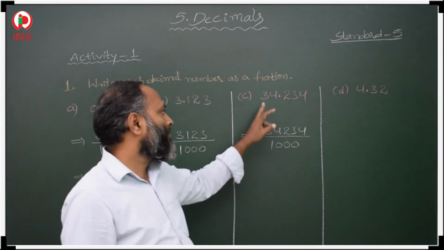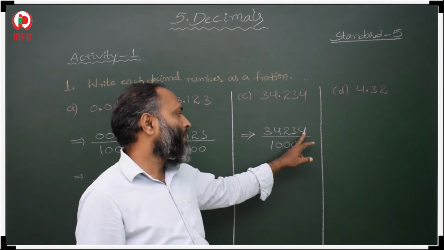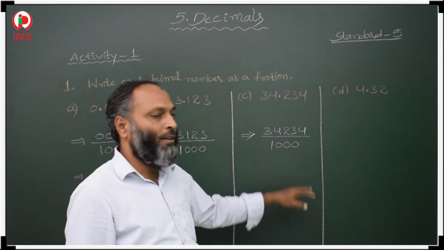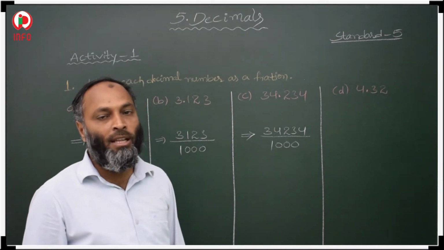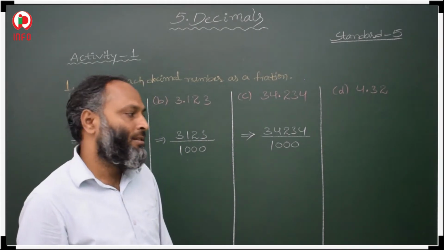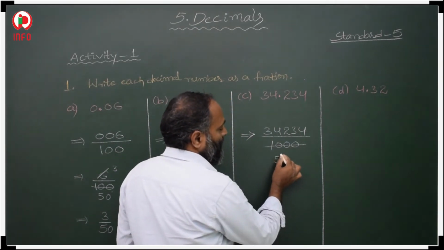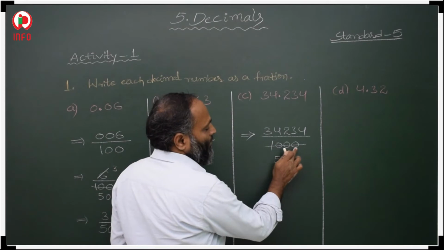So 34,234 divided by 1000. This is an even number and this is an even number. If even numbers are there, then cancel in the table of 2. If you want to simplify, then simplify. 2 5s are 10, 2 zeros left.